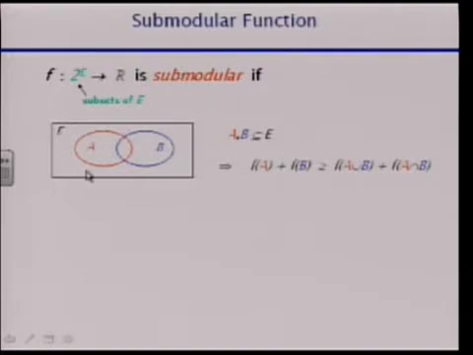And if this is true for any subsets A and B of this whole set E, for any subsets A and B, if this is true, then we say this function f is submodular.